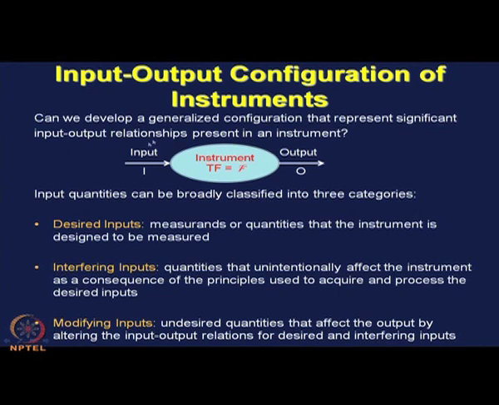An instrument receives an input signal from the measuring medium and gives us an output signal which is related to this input signal. So, we can consider that there is a transfer function here which acts on this input signal and gives us the output signal.